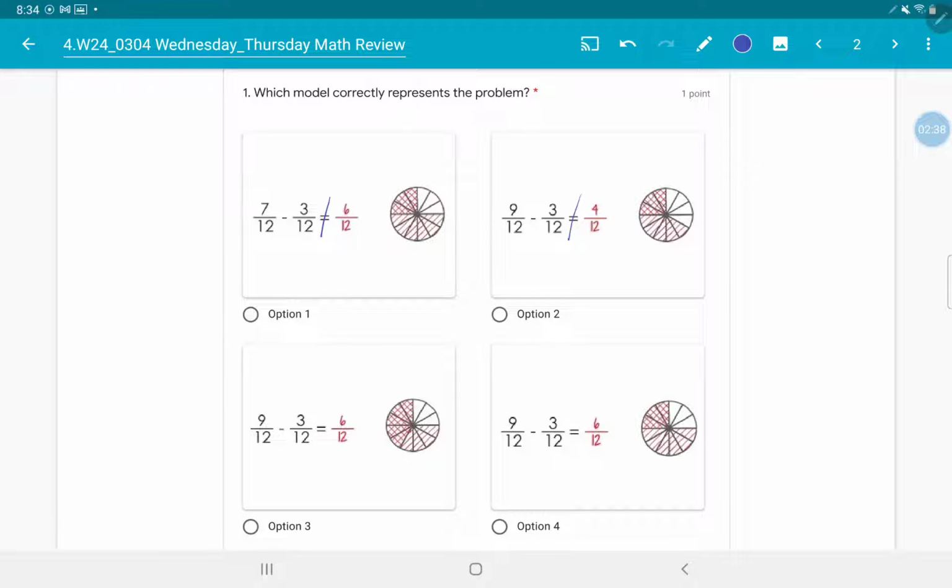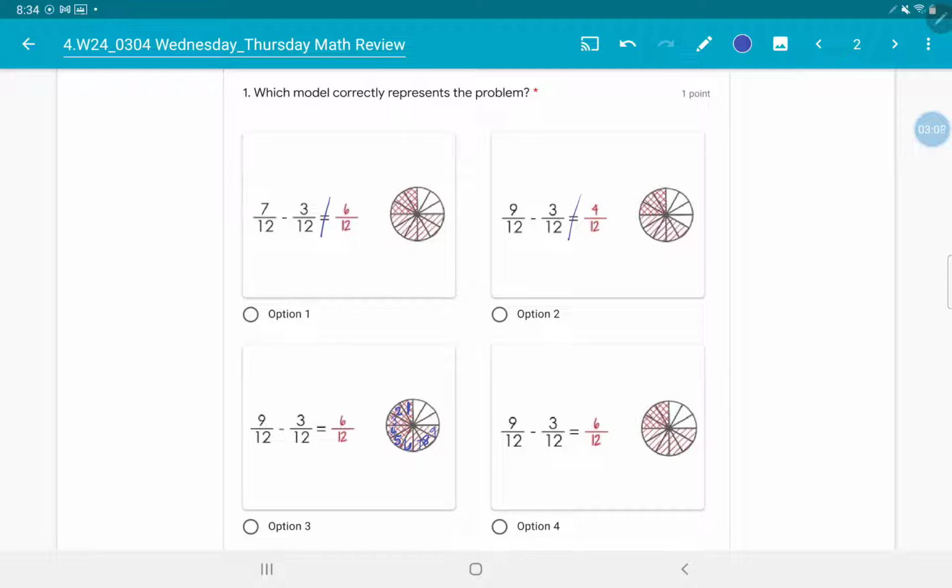If we go down to option 3, 9/12 minus 3/12 equals what, Harper? 6/12. So that's correct so far. All right. Okay, let's look and make sure that they have the correct things shaded. They started by shading 1, 2, 3, 4, 5, 6, 7, 8, 9 of the 12 pieces.